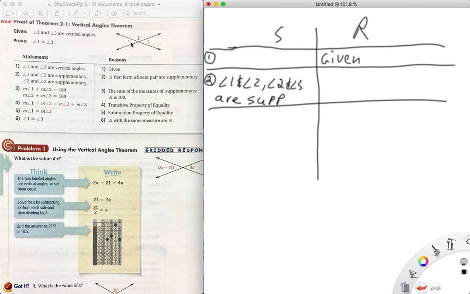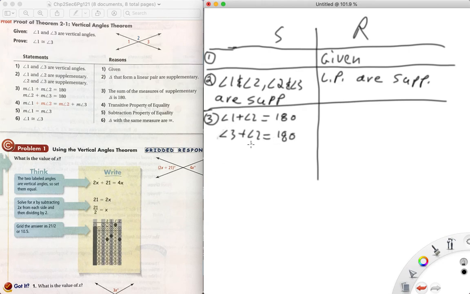Since they are adjacent angles that form a straight line, they're linear pairs. So linear pairs are supplementary. Then if they're supplementary, they add up to 180 degrees.